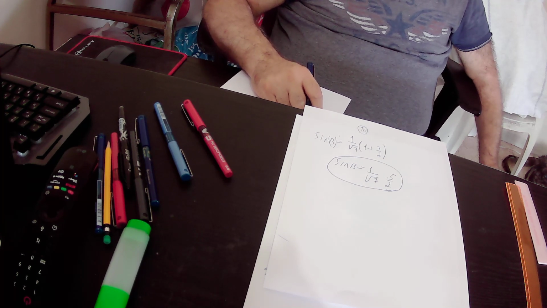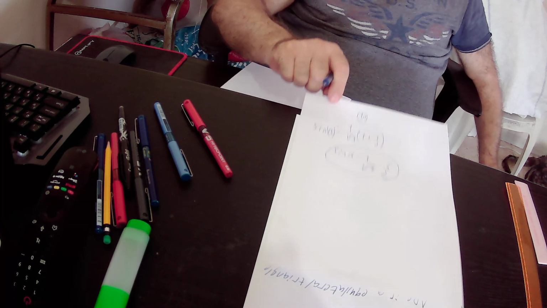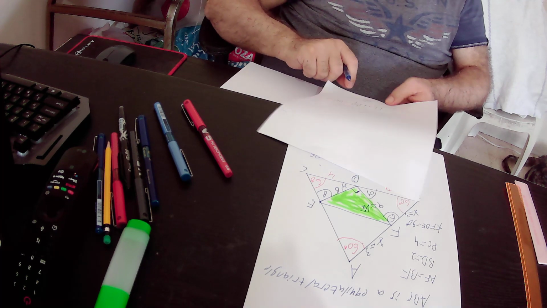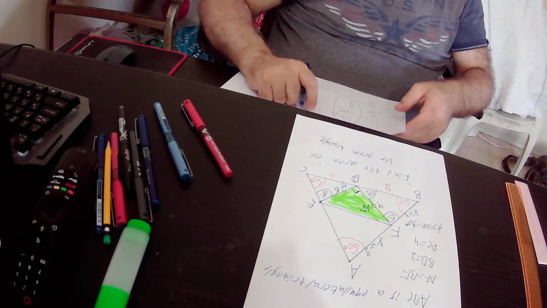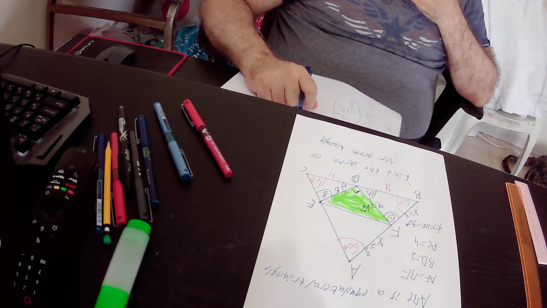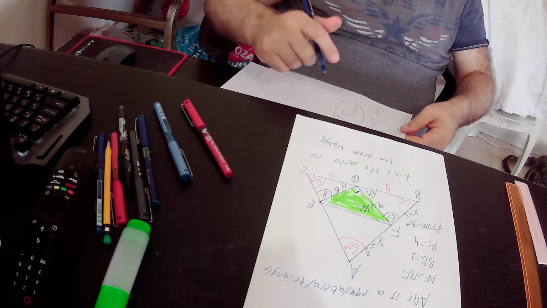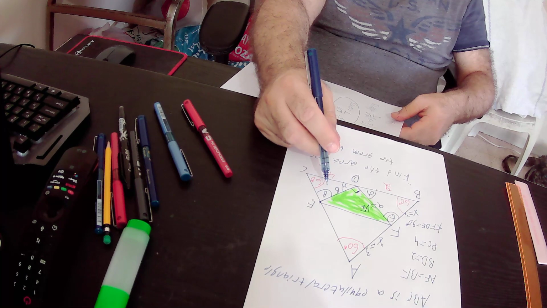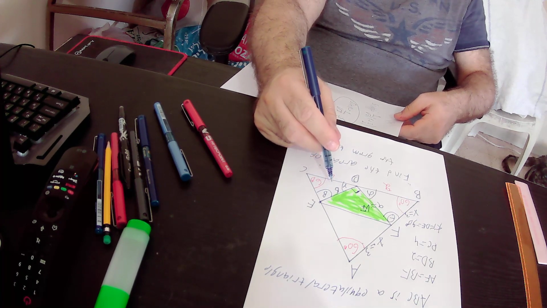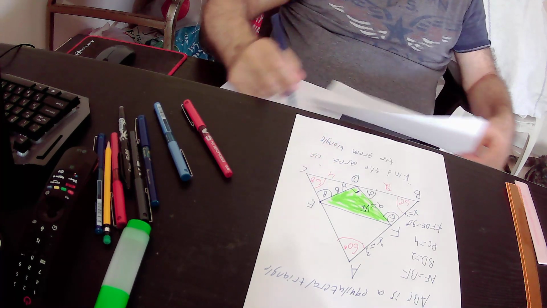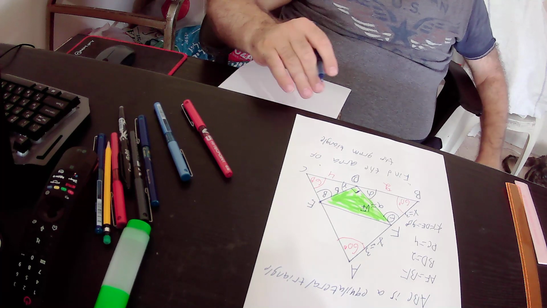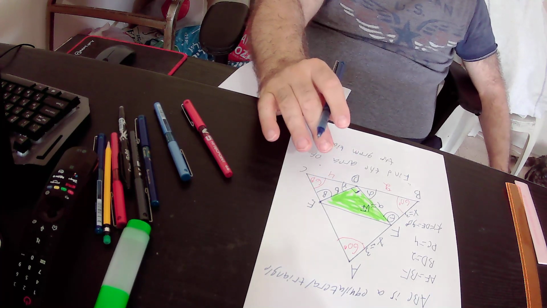Okay, so now that we found the value of sinus beta, we actually can implement the law of sines in triangle DFC. So we will find out the value of b.